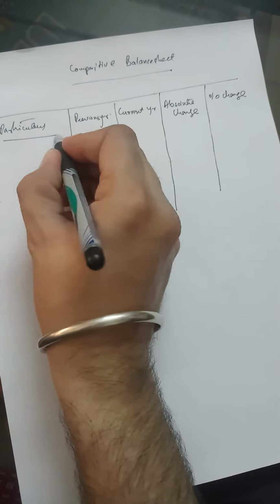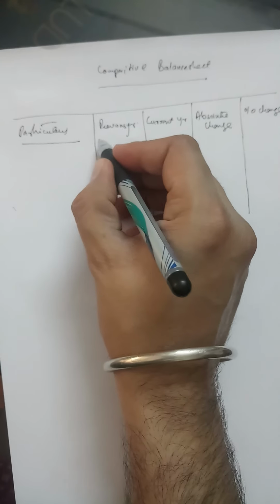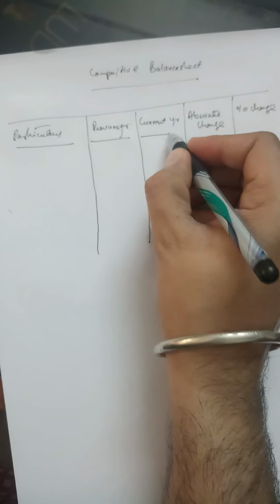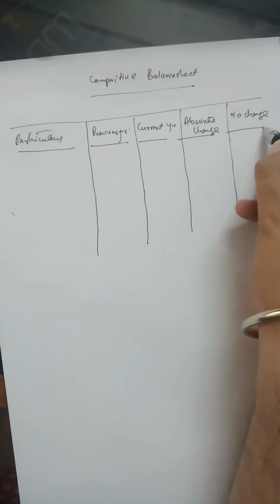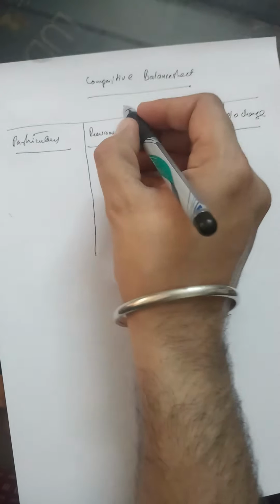There are 4 columns: particulars, previous year, current year, absolute change, and percentage change. This is the format of comparative balance sheet, right?